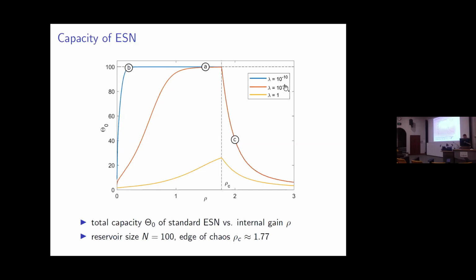And 10 to the minus 4 is, let's say, a typical regularization parameter. You see how this regime is the most robust overall, and lambda equals 1 is just kind of the upper end of what you may have.